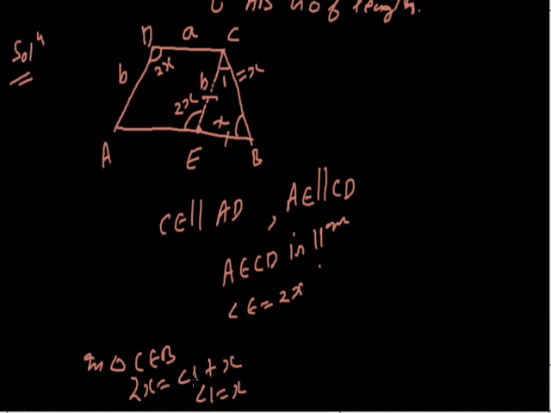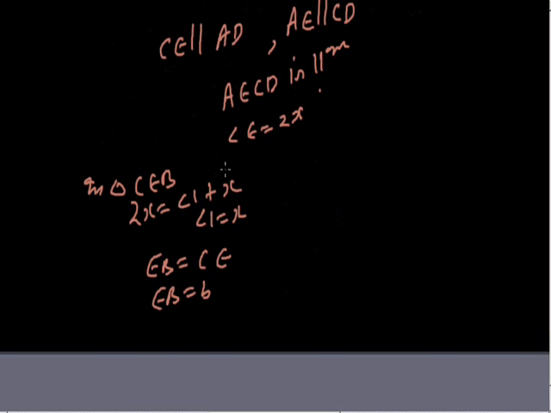And we know that the opposite sides of a parallelogram are equal, so AE is equal to CD. So the length of AE should be a, and the length of EB is b. So AB is equal to AE plus EB, which is a plus b.